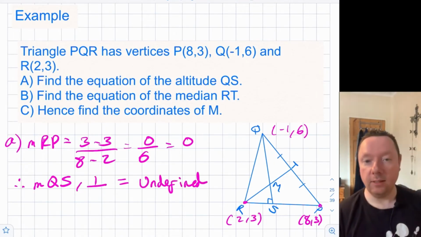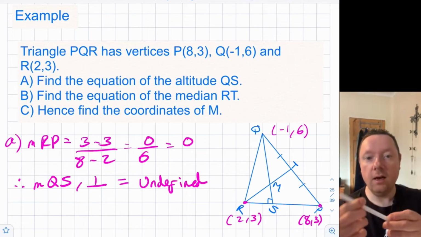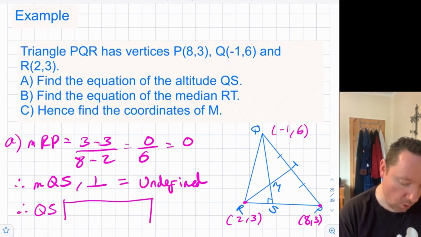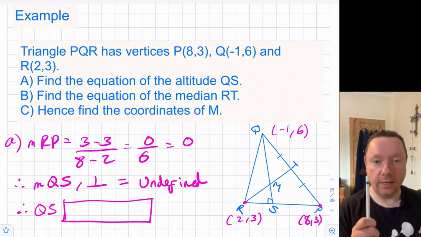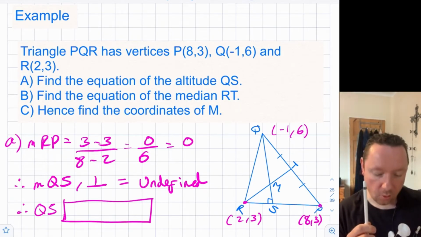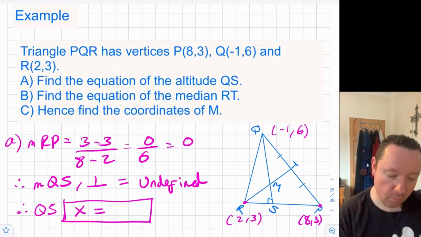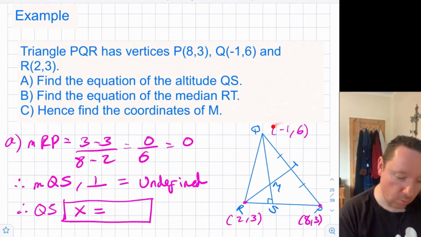Usually it's m1 times m2 equals -1, but for a horizontal line with gradient 0, the perpendicular vertical line is undefined. Therefore, the equation of QS is, put it in a little box, a vertical line has an equation of x equals a number. The only number we've got is Q's x, which is -1, so x equals -1.